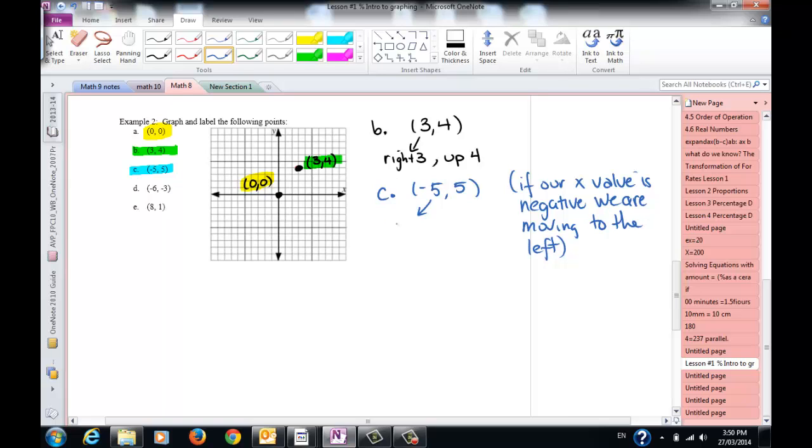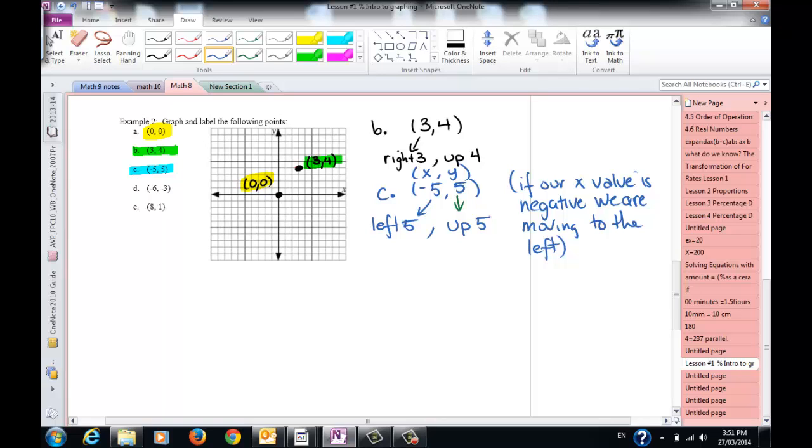So this means I'm going left 5 units. Our other piece that we have here is positive 5, and this is our y value. Remember, it's in alphabetical order. So this is our y value. We're going to go up 5.